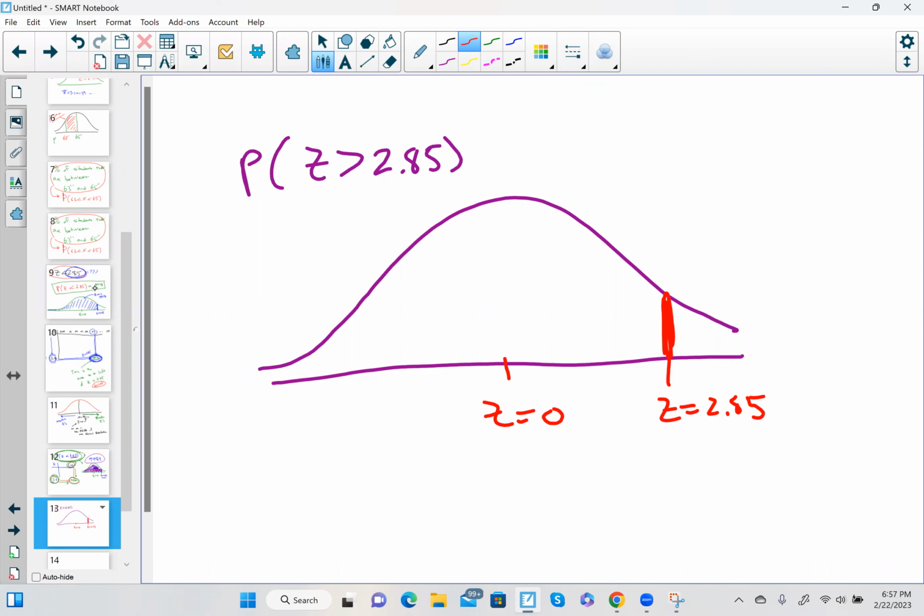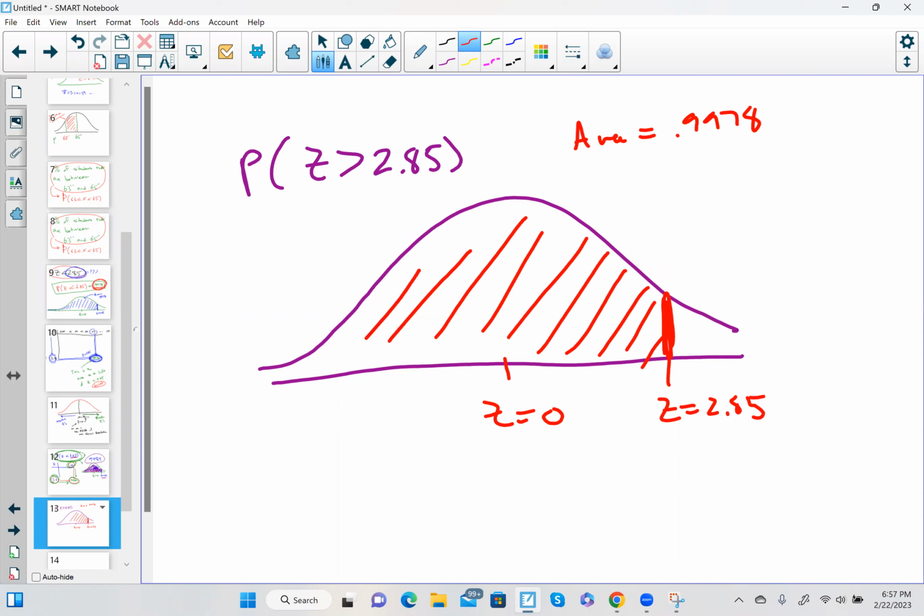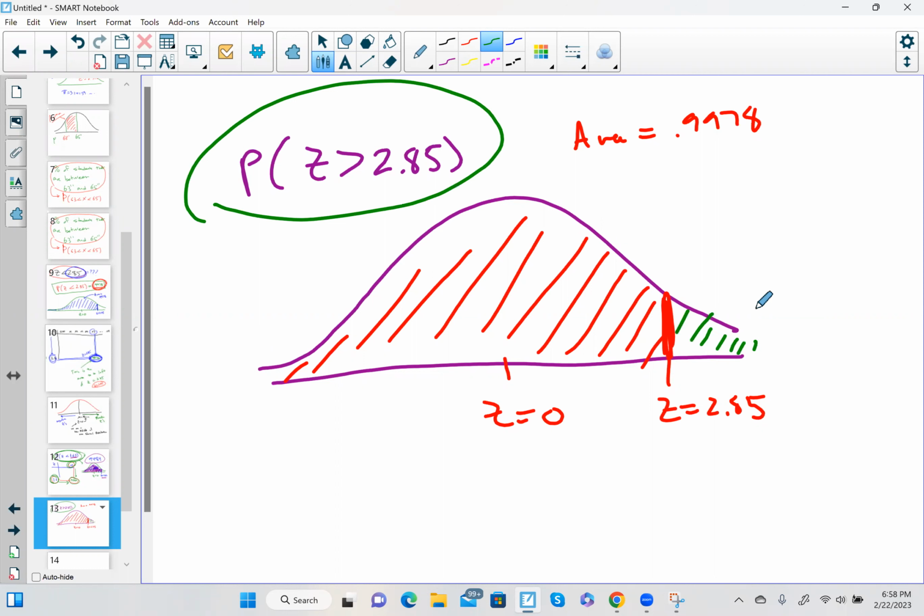You need to remember that that's the area to the left of that Z-score. That's how the chart's written. It never gives you area above a Z-score; the chart only gives you area less than a Z-score. The problem is that this question is asking, what's the probability that Z is greater than 2.85? They want to know the probability that we're up here instead.